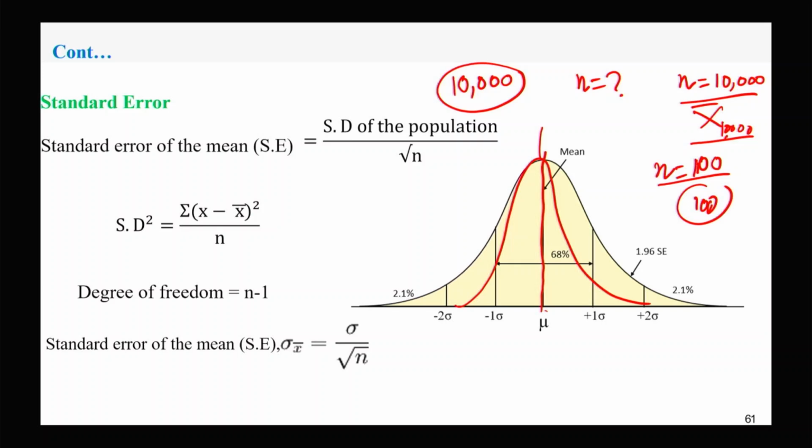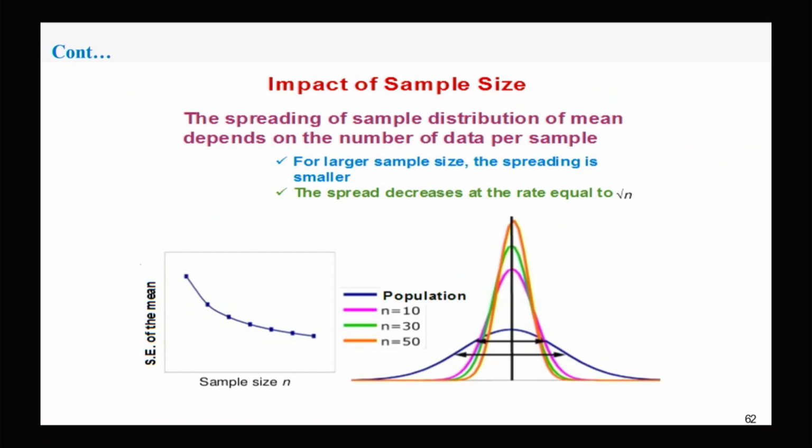Similarly, we can go on decreasing the number of samples. Now in this plot we will see the effect of increasing the sample size. We know the standard error equals the standard deviation of the population divided by the square root of n. The standard deviation of the population is constant, so if we increase the number of specimens, the standard error decreases.